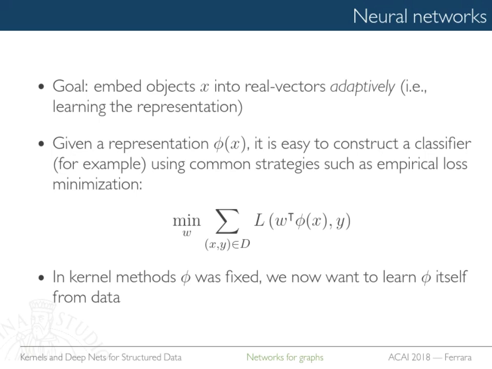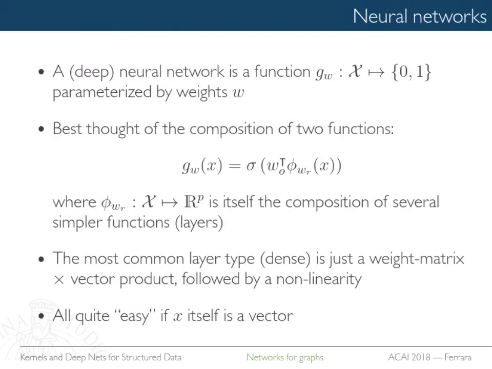But in this case, in this minimization problem, not only W is involved, but also some parameters of this part here. So you can think about the composition of functions.